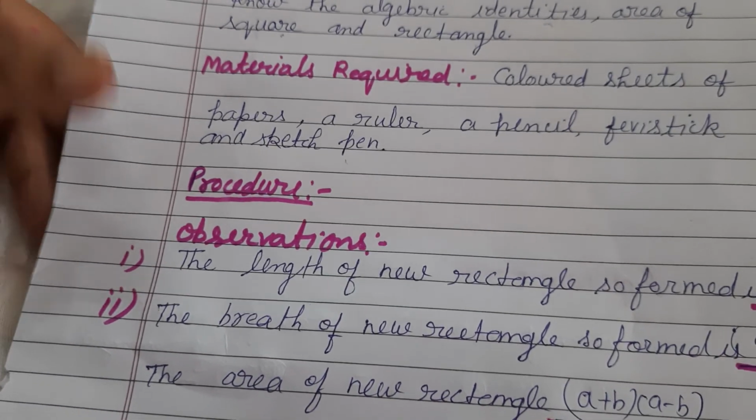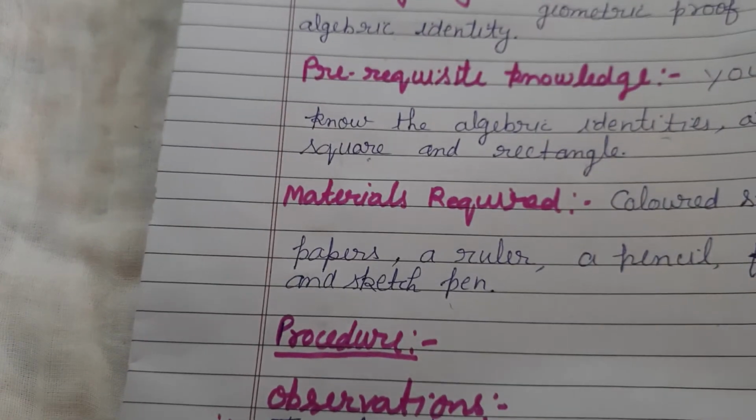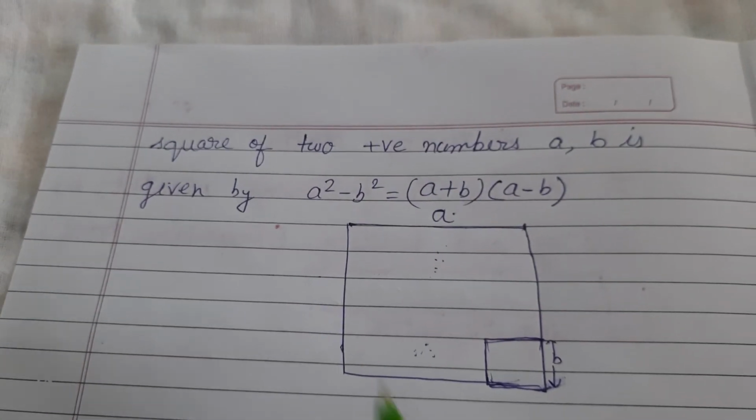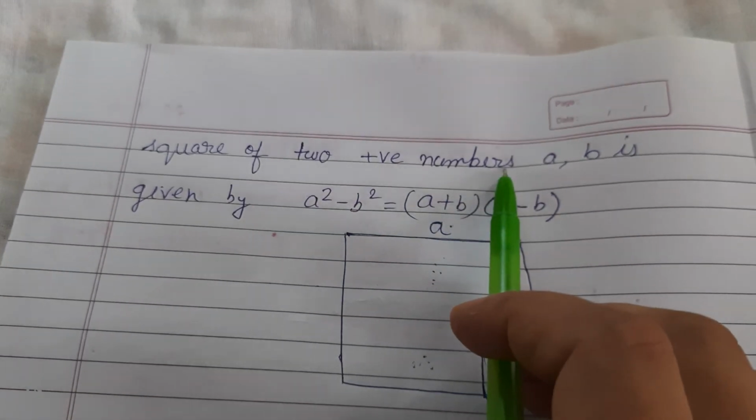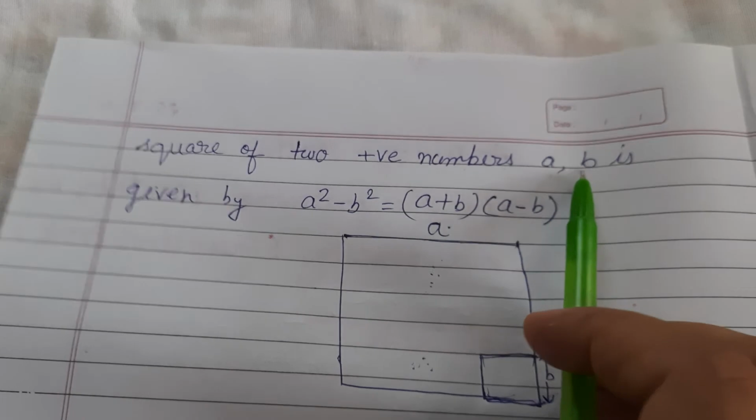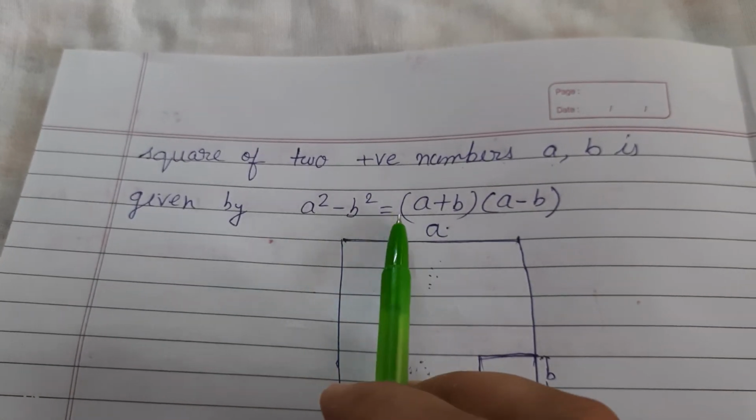So here we can conclude that the difference of squares of two positive numbers, A and B, is given by A square minus B square is equal to A plus B into A minus B.